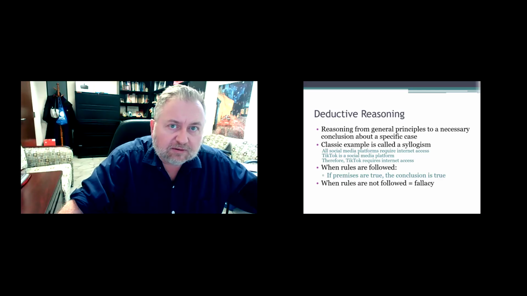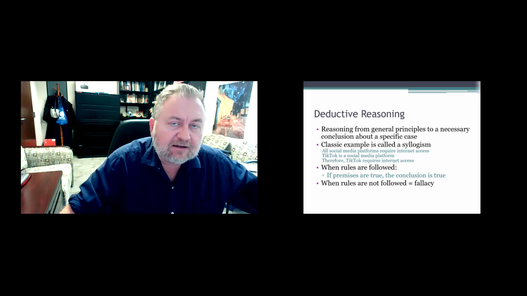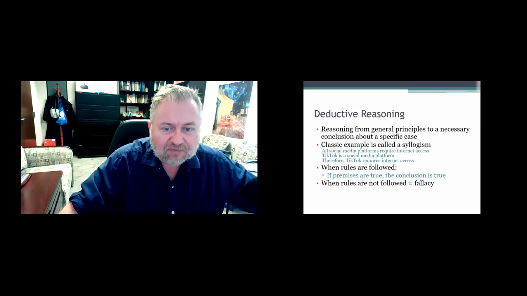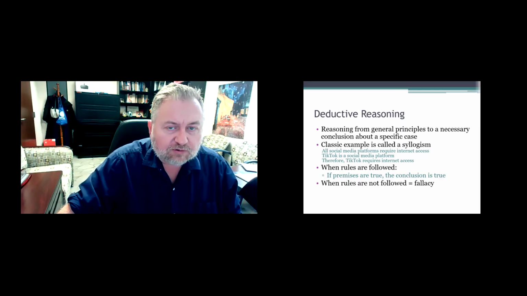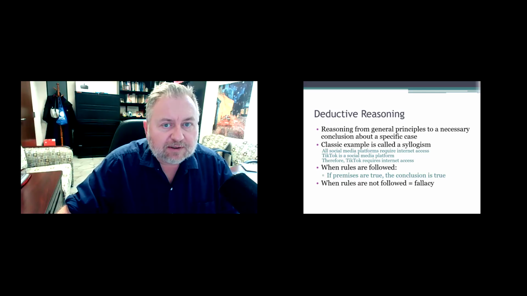But what's really important here, and this is actually very important, is that whether or not the conclusion is true or false is somewhat independent of whether the conclusion is valid given the premises, right? Let me say that again. The truth or falseness of the conclusion is partially independent of the validity of the argument.